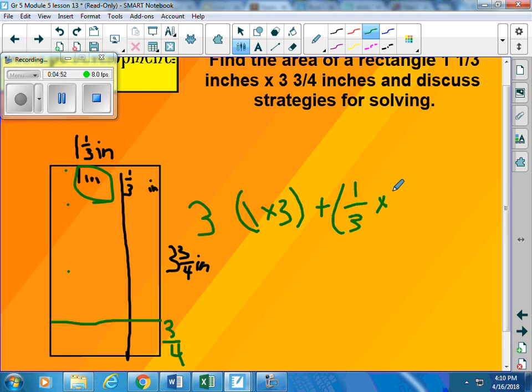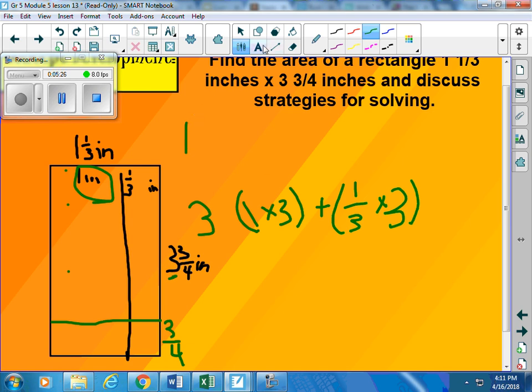So all I've done is I've taken this 3 here, and I've multiplied this 3 times the 1, and I've multiplied this 3 times the 1/3, okay? Because I've told you all along that you cannot just multiply these whole numbers and then multiply the fractions. You have to multiply the whole number and the fraction by each of these parts. This is called the distributive property.